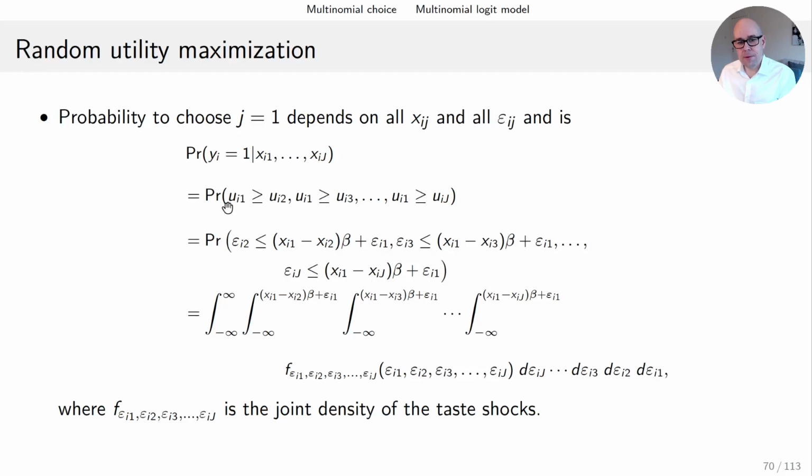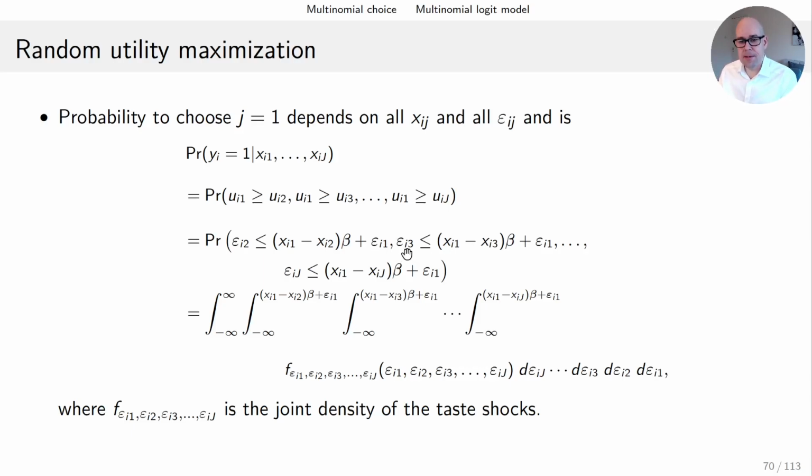So the first condition is that the first random utility is bigger than the second random utility. So when you write that out and you bring the epsilon i2 to the left hand side, then what you will get is that epsilon i2 is less than or equal to the difference in the x's, xi1 minus xi2, times beta plus epsilon i1.